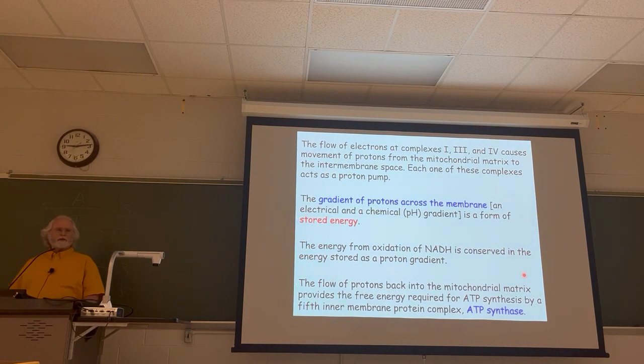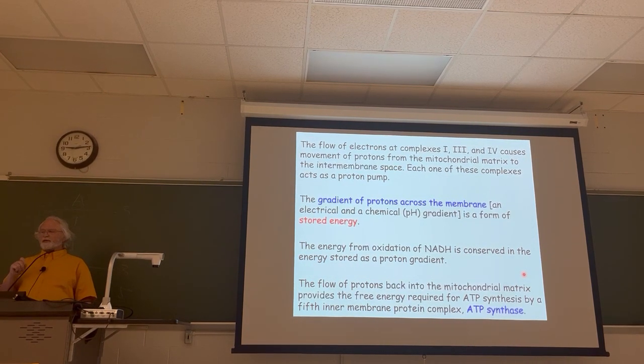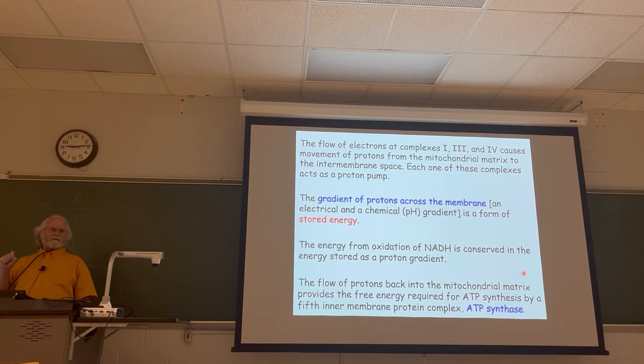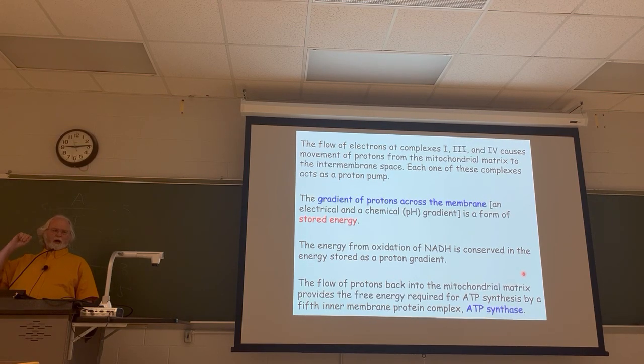Okay, so the flow of electrons through the electron transport chain, that energy is recovered by complexes 1, 3, and 4. Complexes 1, 3, and 4 are proton pumps. They pump protons from the matrix side out into the space between the membranes and generate a proton gradient.